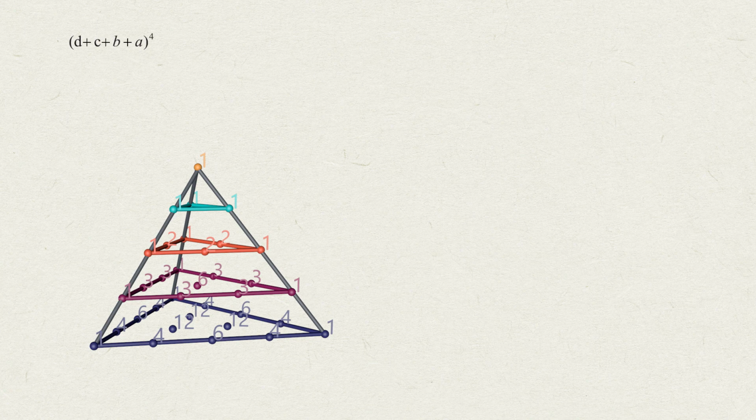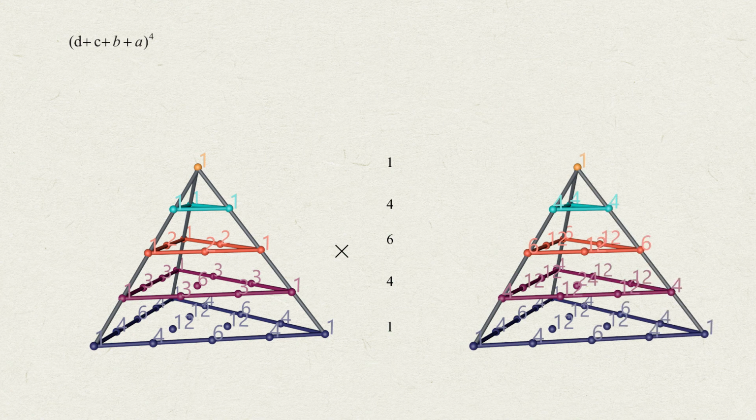And rather than try and represent 4-dimensional space, we will once again take row 4 from Pascal's triangle and stand it up alongside this tetrahedron, and multiply each value in that vertical row times each element in the corresponding level of the tetrahedron, creating a new tetrahedron with 4 levels.